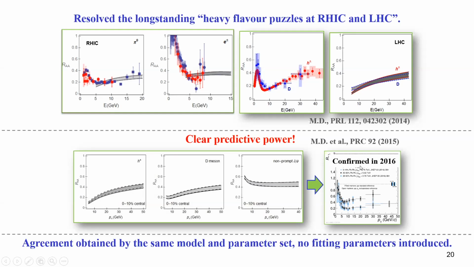And this was due to an interplay between the rising temperature and decreasing steepness of the pT distributions. And this was actually confirmed in 2016 by the experimental data.